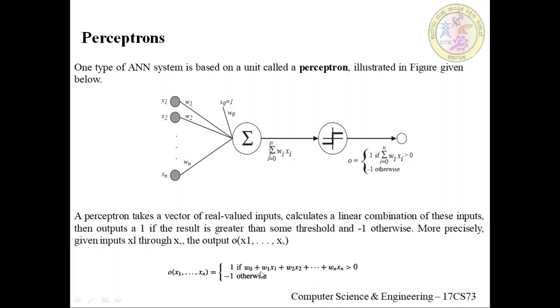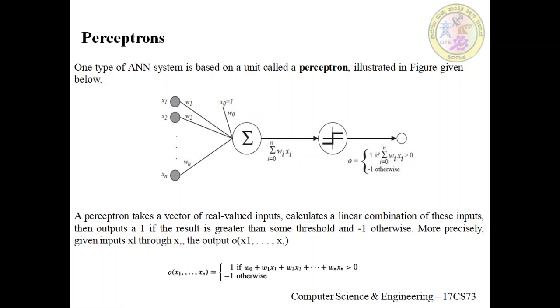If you see the formula, the summation of i equal to 0 to n of wi into xi, for example, w0 x0 plus w1 x1 plus w2 x2 and so on till wn xn. It calculates the summation of this, and if this sum is greater than 0, it outputs 1, and if it is less than 0, it gives you the output as minus 1.